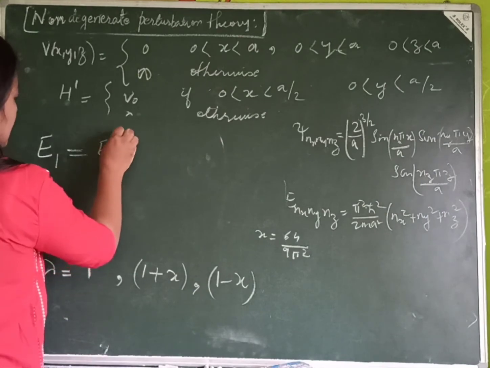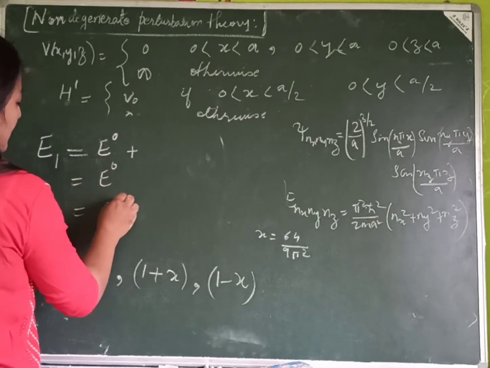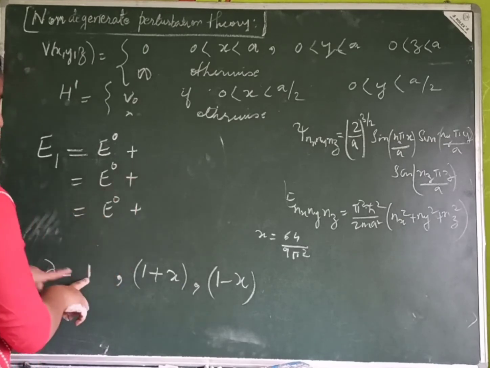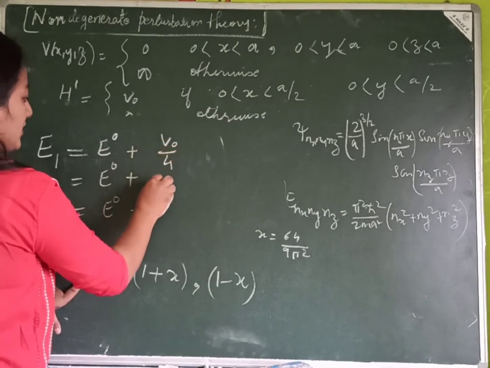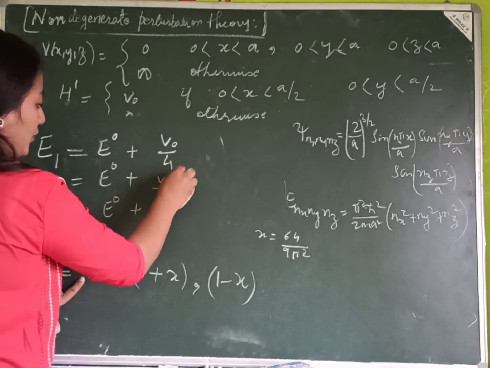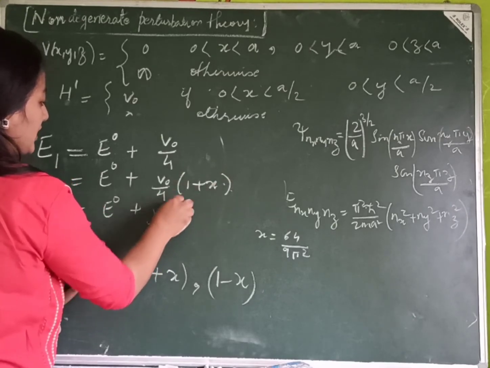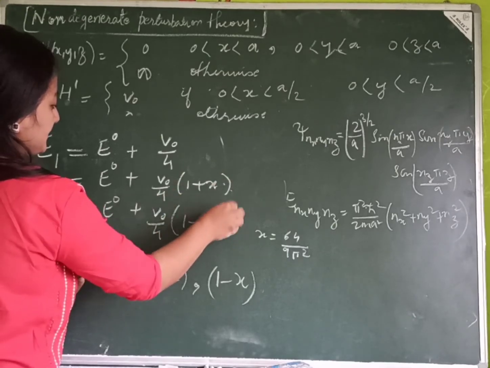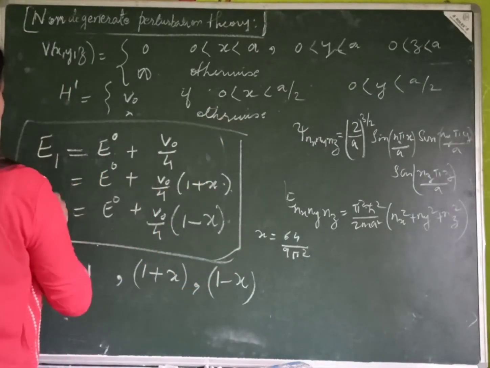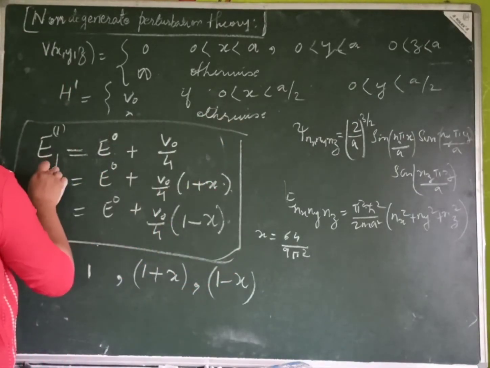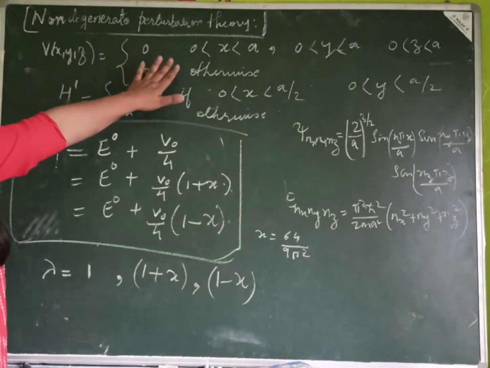It is E0 plus, I have V0 by 4 left outside, so it is V0 by 4, V0 by 4 into 1 plus x, and V0 by 4 into 1 minus x. So this is my first order correction to the first excited state for this particular problem.